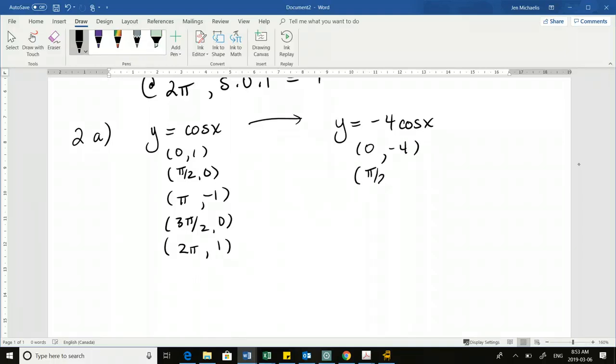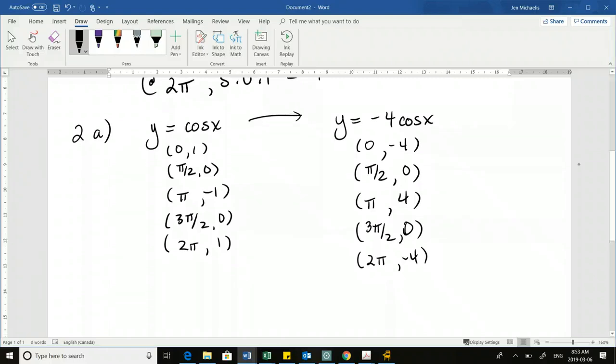This is my new graph of negative 4 cos x. Essentially it should look pretty much the same as the cosine graph, but instead of going between negative 1 and positive 1, we're going between negative 4 and positive 4.